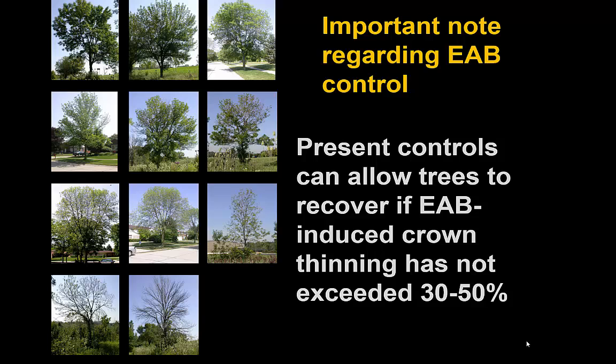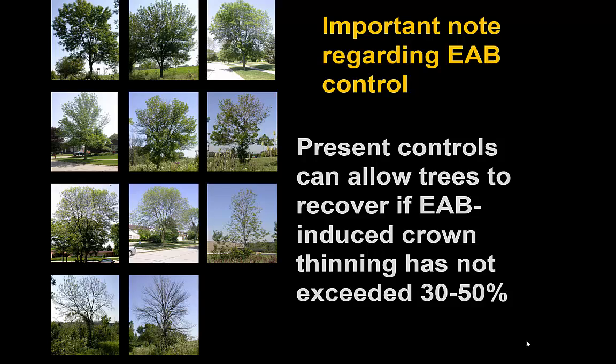And furthermore, another important thing to consider in terms of these controls that have been developed for emerald ash borer is that these controls can allow trees to recover even if EAB has been working the tree for several years. These kind of treatments that we have can turn around a tree.